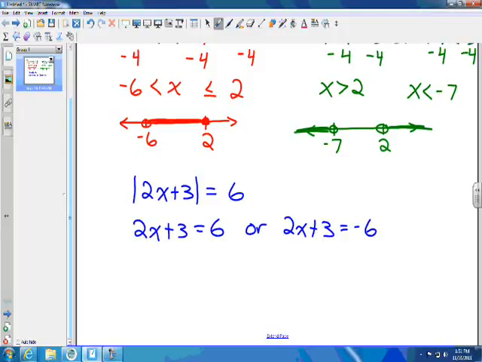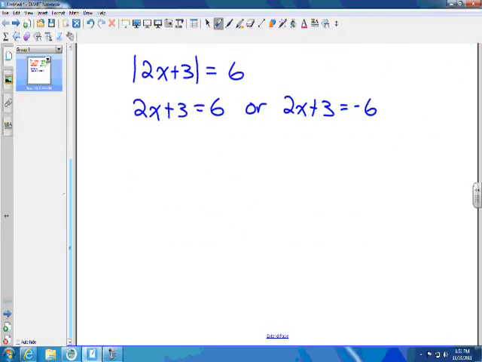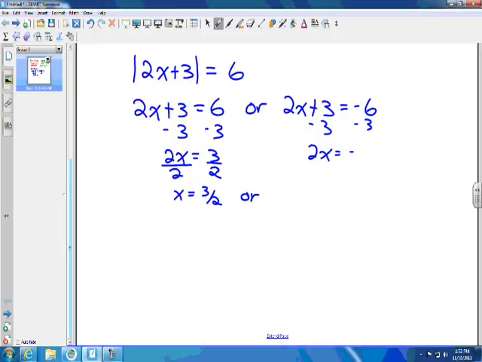And then we have to solve both of those. So we got 2x equals 3. So x equals 3 halves, or x equals negative 9. I know I just solved that one for you, but I'm trying to go ahead and get to today's stuff. This was all review.